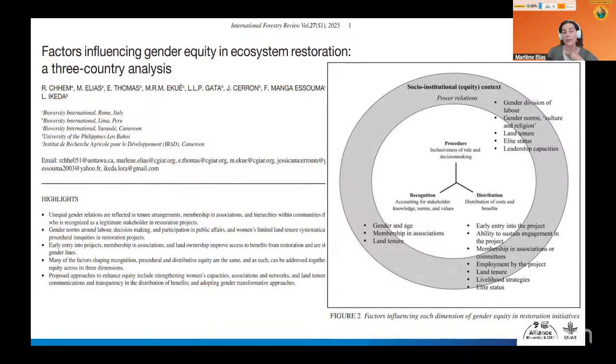So my point here is, knowing the main barriers in specific contexts is very, very important, of course, to make appropriate decisions and identify appropriate strategies to create equitable initiatives.